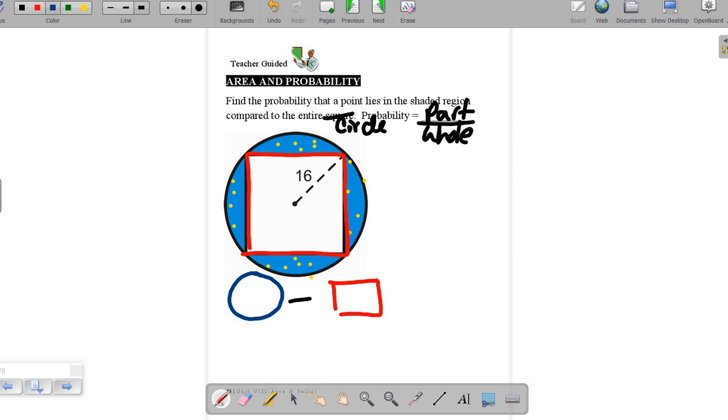Now, the area of a circle, of course, we know is area equals pi r squared. Now, a square, of course, you think side squared, and that's perfectly fine, side squared. But there's a shortcut here.